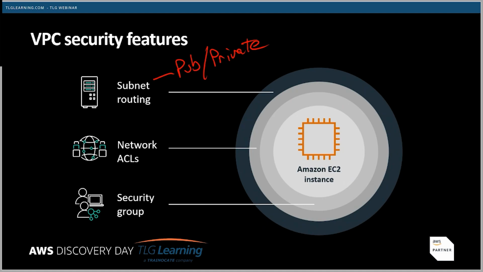How does traffic flow in and out of a subnet? You could allow traffic to flow to and from the internet from a subnet, in which case now it's a public subnet. And part of that involves modifying the routing table. If you want a subnet to be private, well, then you do that again through part of the configuration, including the routing table. We do not set up a private subnet with any path to the internet. So it does not have a route that would allow it to reach the internet.